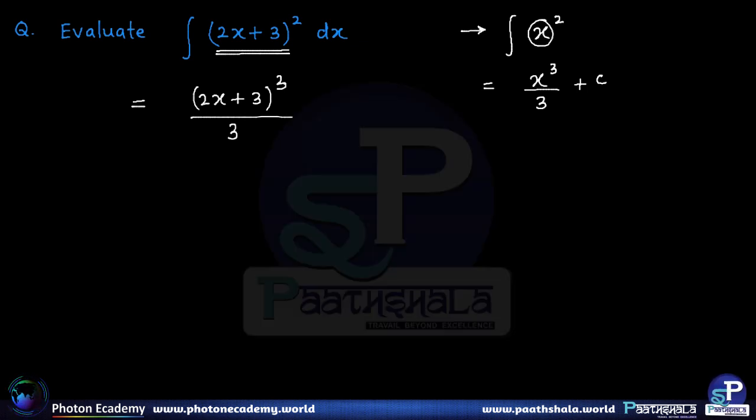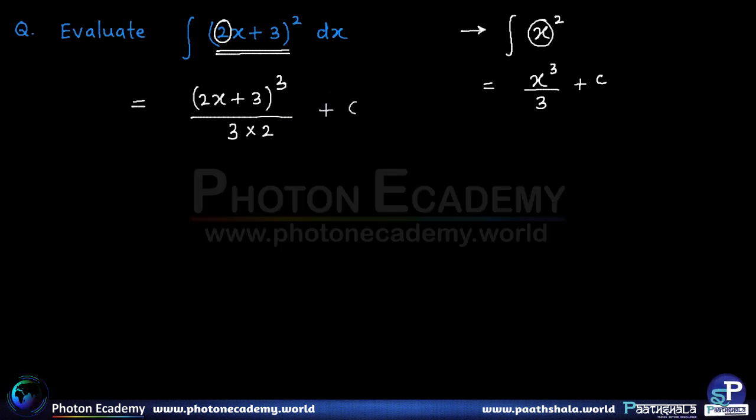But if you remember, we have to also divide by the coefficient of x, so therefore we must divide that particular answer by 2. So 2 will go of course in the denominator, plus c. So finally we get the answer as 2x plus 3 the whole cube upon 6 plus c. So this is how we use that result.